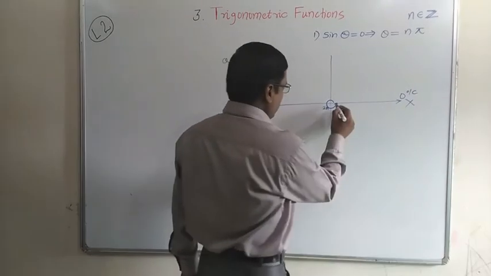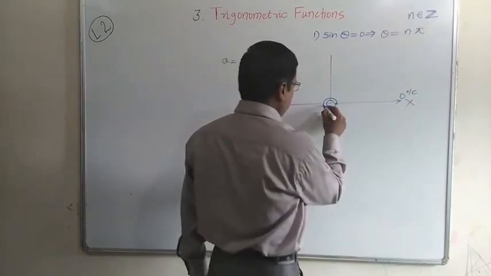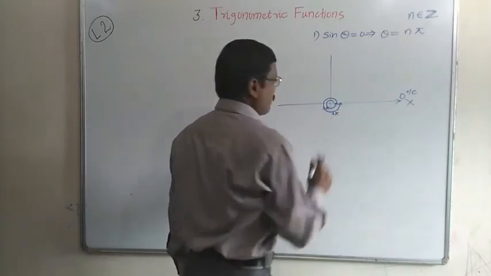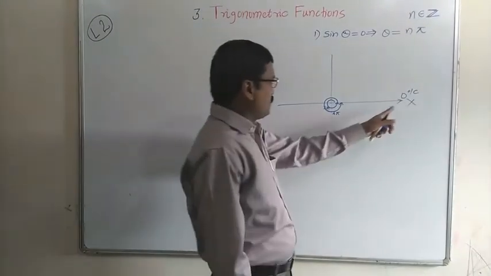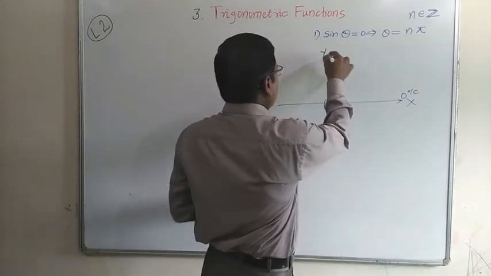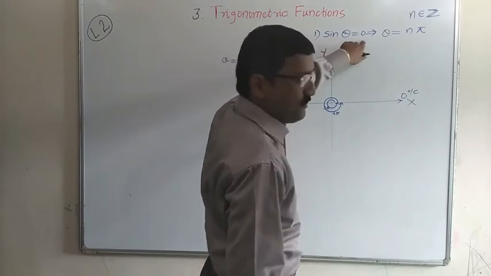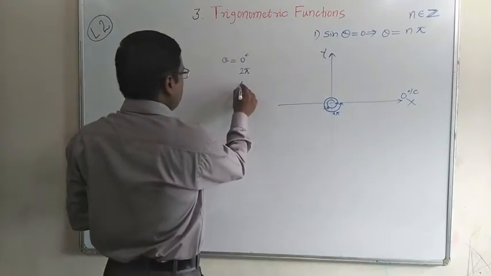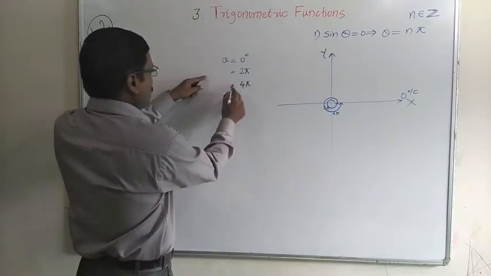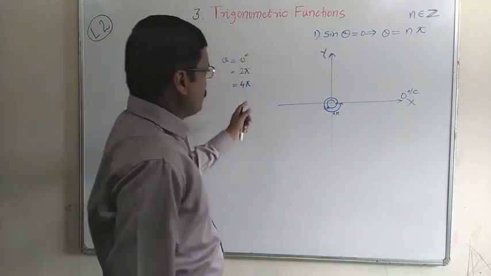Then if we take an angle of measure 4 pi, we again reach the positive x-axis. So sin 4 pi is equal to 0. So 4 pi is another solution. Therefore, theta has these values: theta equal to 0, 2 pi, 4 pi.